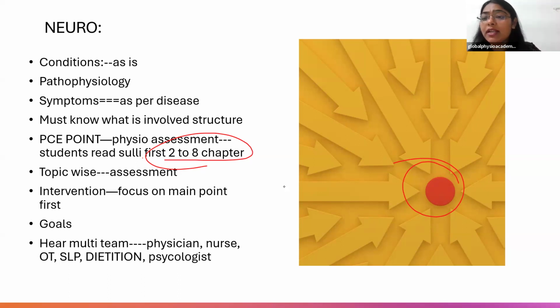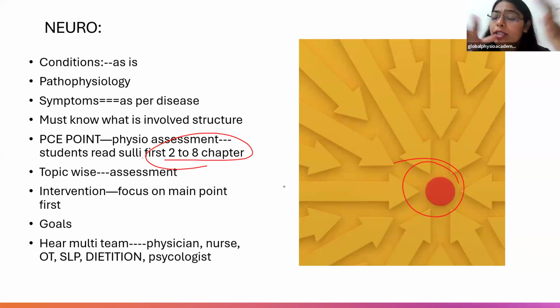ALS: proximal muscle weakness, distal muscle weakness, where it starts, spasticity, flaccidity, UMN, LMN, everything you must know. Spinal cord injury, T6 versus L2, what is the maximum functional level? You must know as per the disease. But from the PCE point of view, what you must be thorough in is physiotherapy assessment and physiotherapy intervention. Both are important.